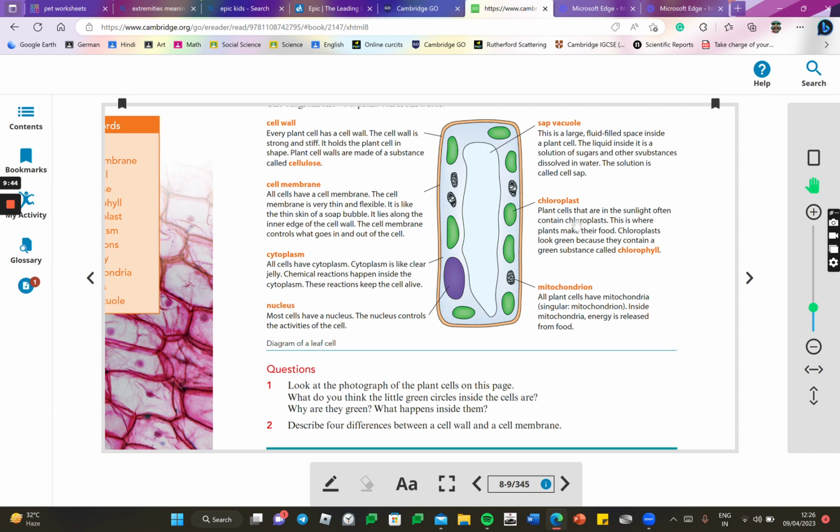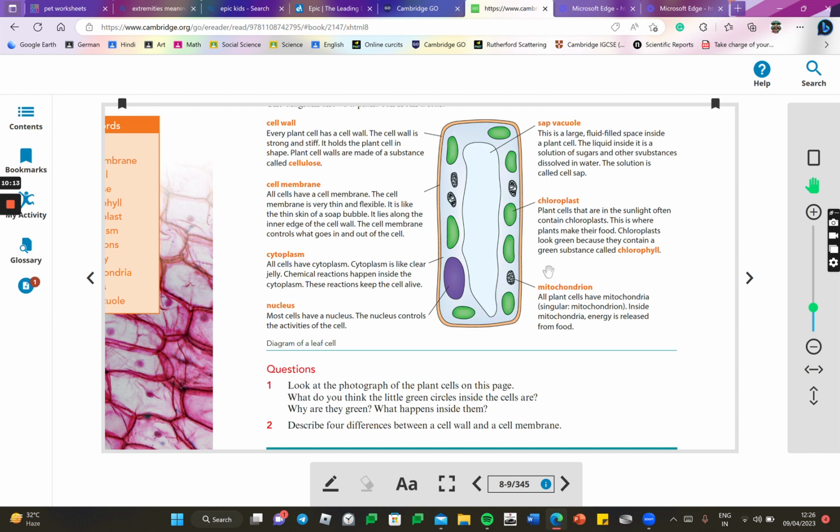Then comes the chloroplast. Chloroplast is only inside plant cells. It's not inside animal cells because it contains a substance called chlorophyll, which is green in color, and it keeps the plant green. If you guessed that we would have chloroplasts in our cells, then we would be green.